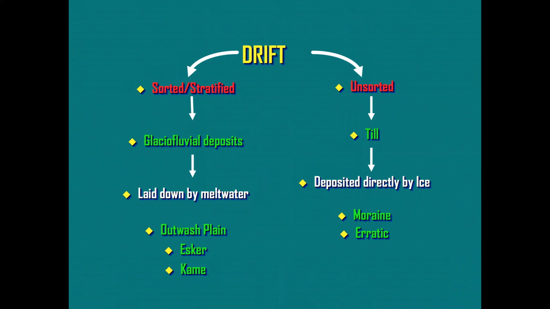It's all unsorted. It was picked up by the plow and moved in that particular direction. So that's the idea of drift. Drift is either sorted or stratified by the water, or it is unsorted and left behind by the ice itself.